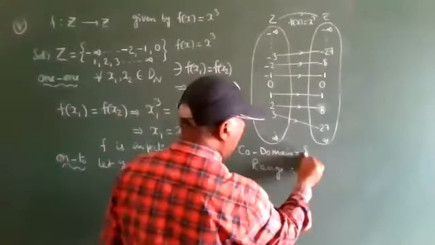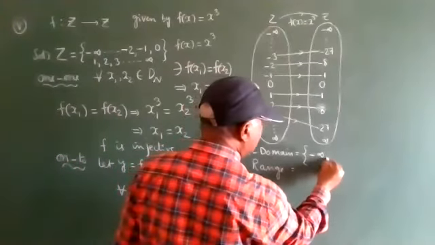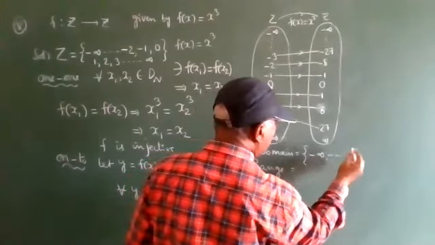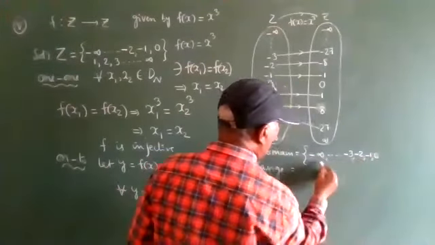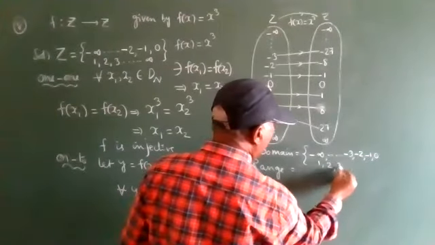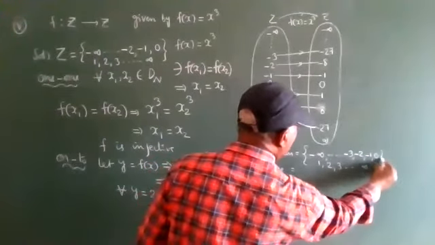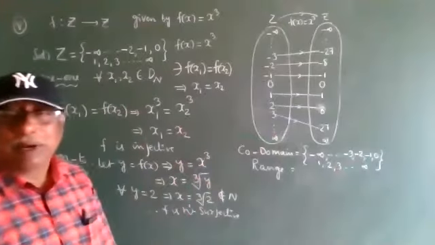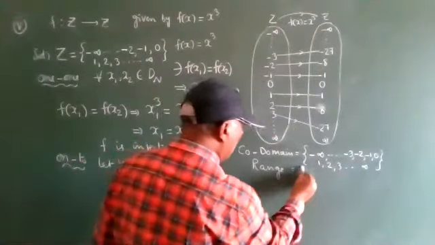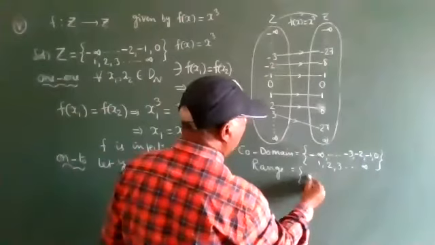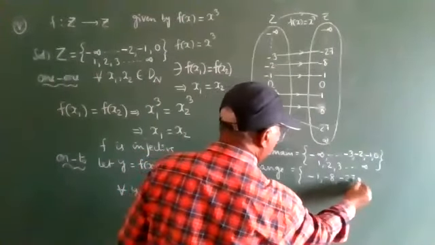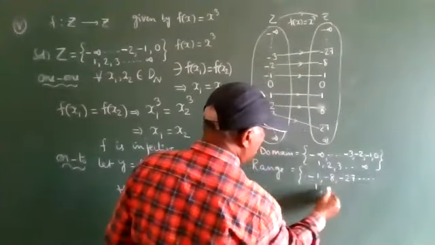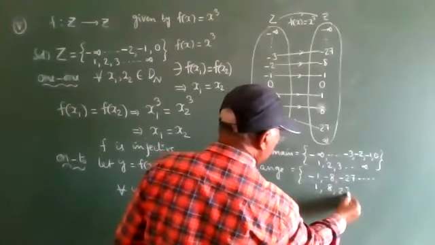The codomain is all the integers, minus infinity, dotted, -3, -2, -1, 0, 1, 2, 3, up to plus infinity. But in the range we are getting only -1, -8, -27, and +1, +8, +27.